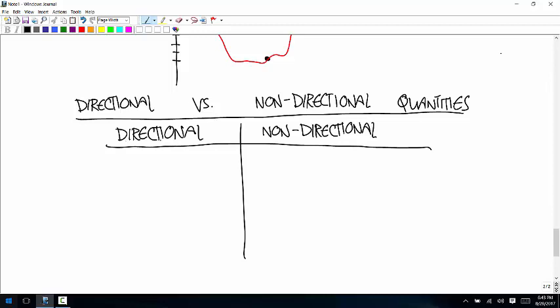So the first quantity we talked about was position. That's directional because you can have negative positions or positive positions. There's not really a non-directional equivalent of position. We don't have a everyday language version of position. We just describe the position: we're this far in this direction from this thing.